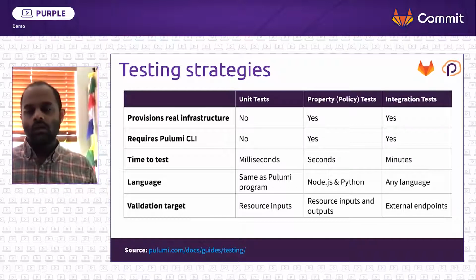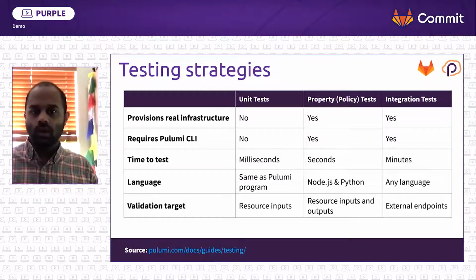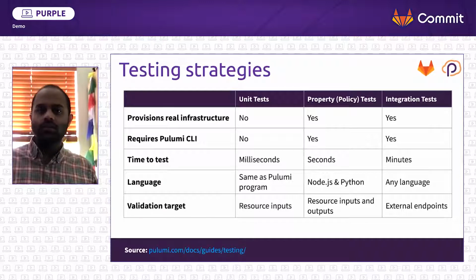Depending on what you're looking to achieve, you could either use unit tests, which allow you to write really quick tests that validate certain things about your infrastructure, or you can write policy tests that enforce security policies or organizational level policies on your Pulumi stacks.